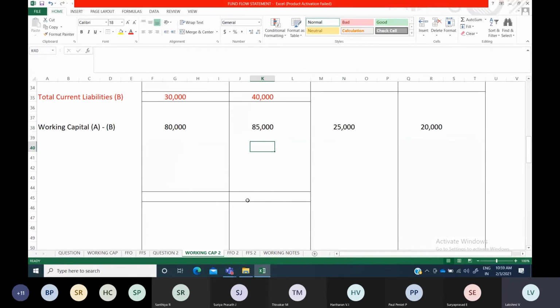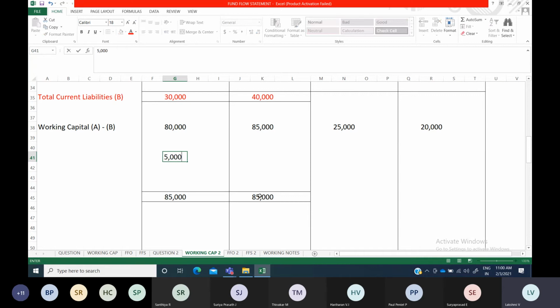Okay. Now, next, what you have to do now, you just compare and put the highest amount. So 80,000 and 85,000, if you see which is the higher amount, 85,000 is the higher amount. So you have to put 85,000 here as well as here, 85,000. Okay. Now, the difference is the balancing figure, where you have to show only 5,000.